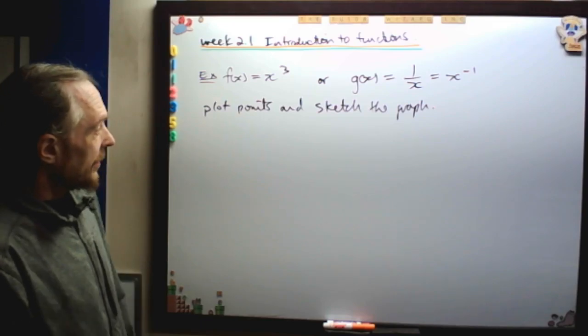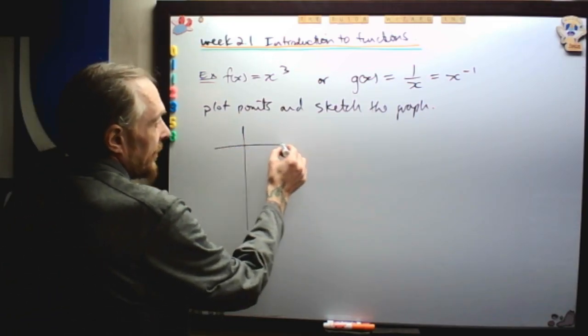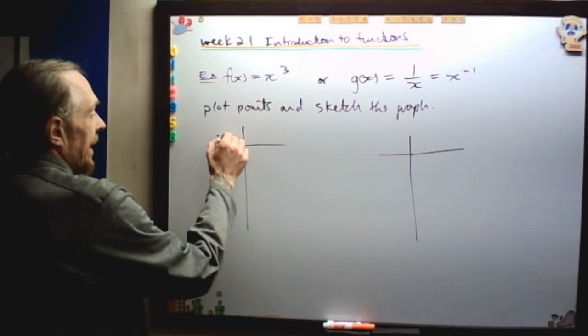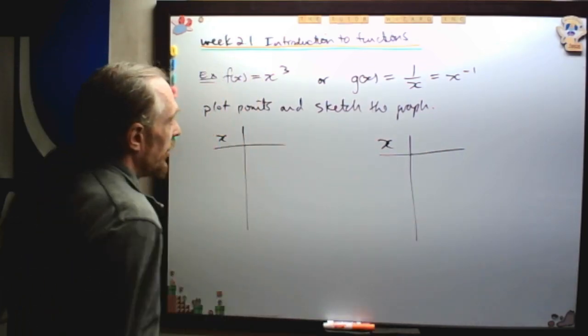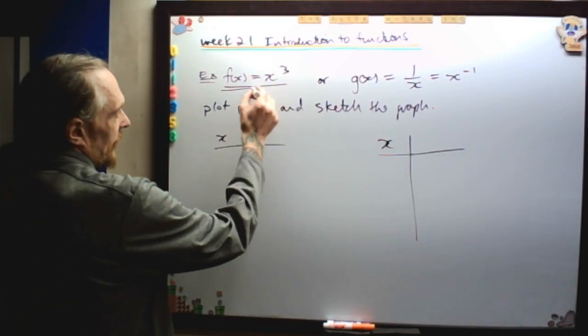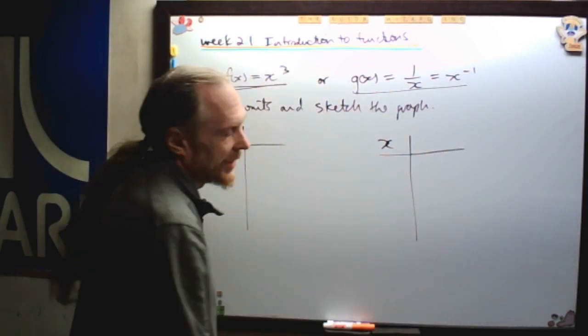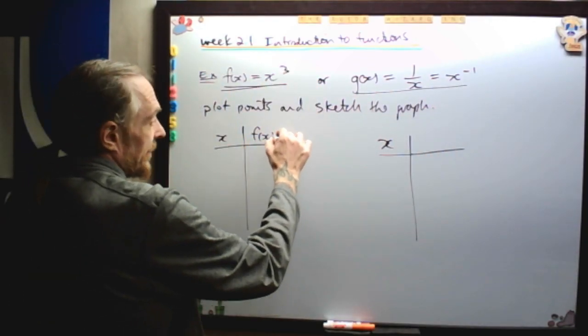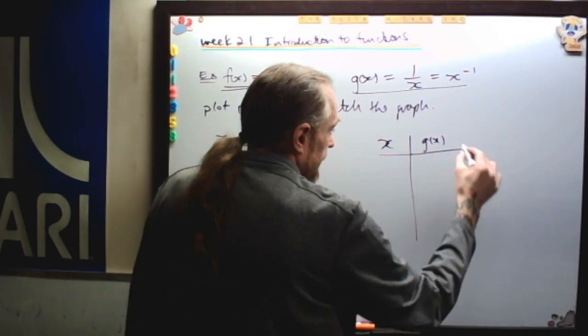So I'll just do it intuitively. For each one of these, we're going to have an x value, which we're going to pick, and we're going to start thinking about which values we're allowed to take and which values we're not allowed to take. And then we can have f of x, say, and then g of x.